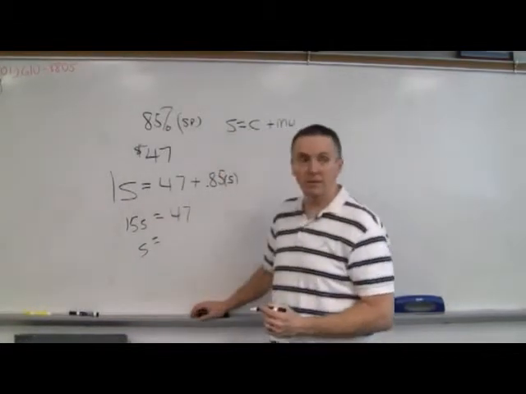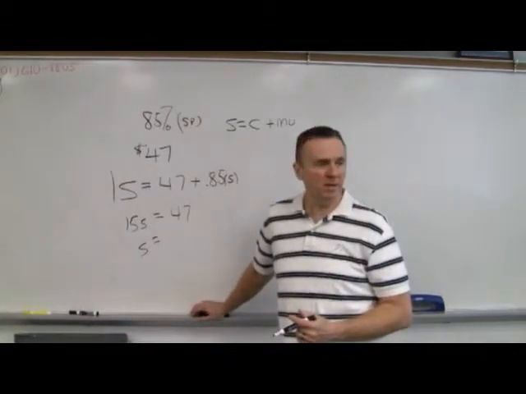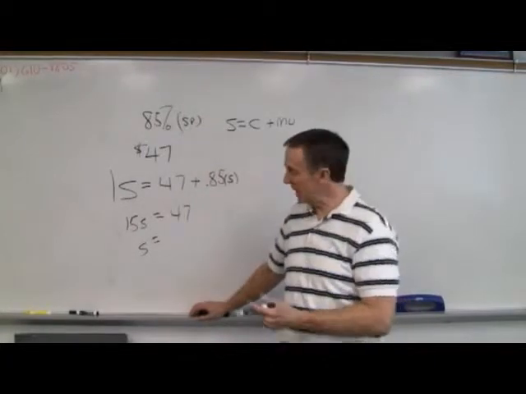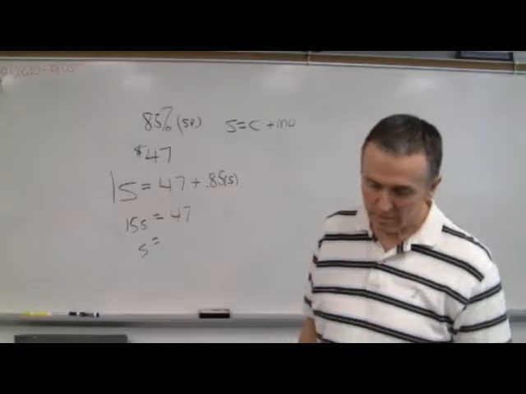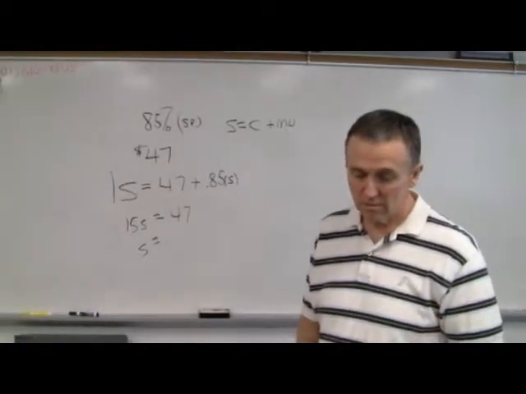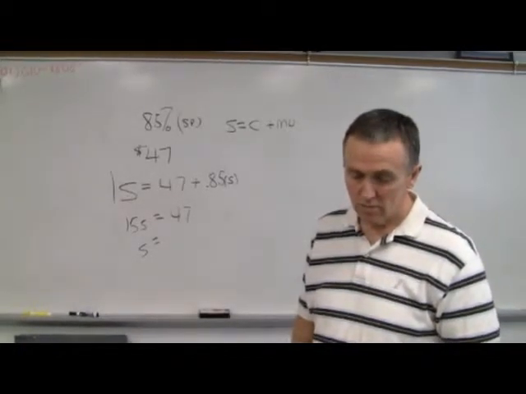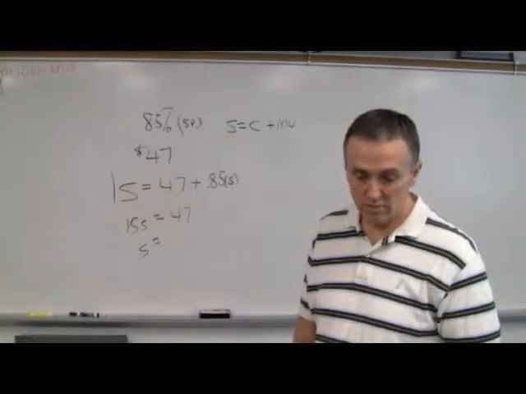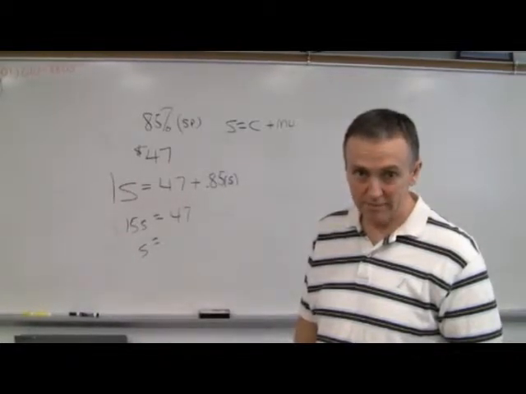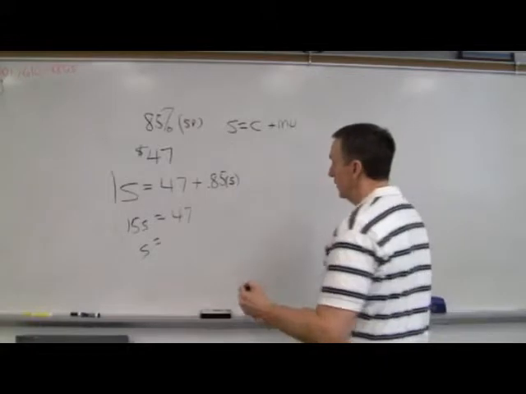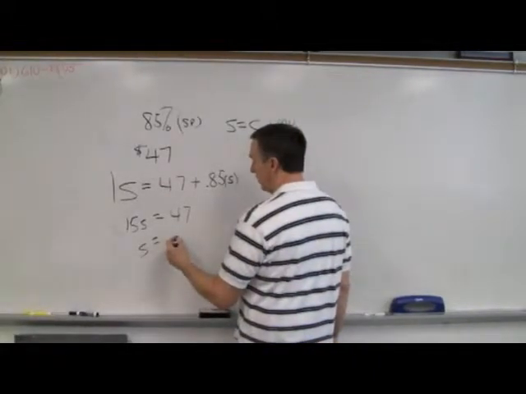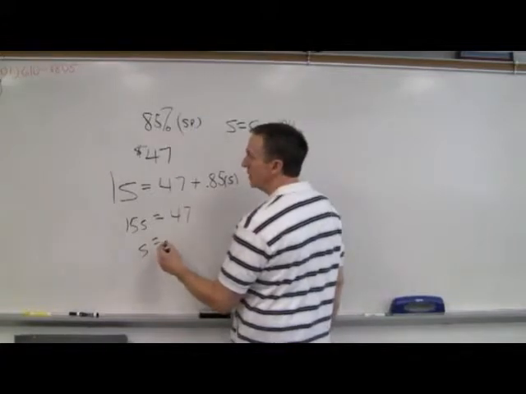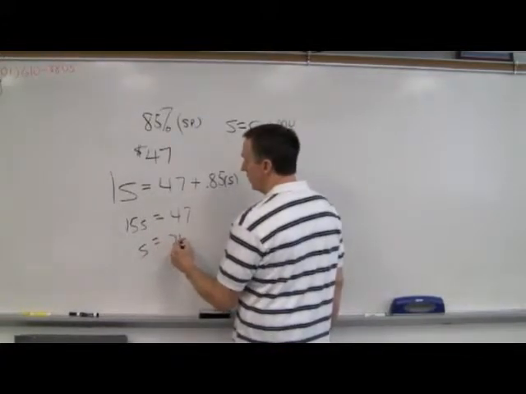S is equal to 313.33. What's the next step in this equation? Divide 47 by 0.15. And so what's the answer? 313.33.